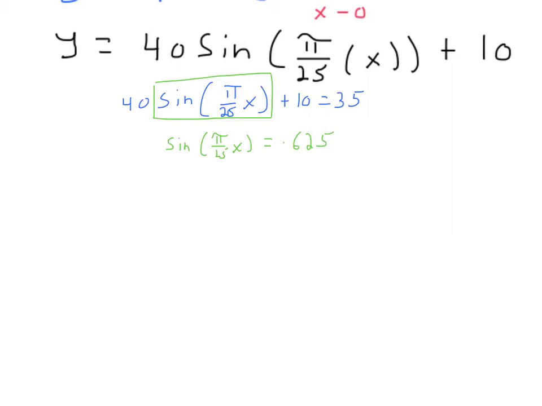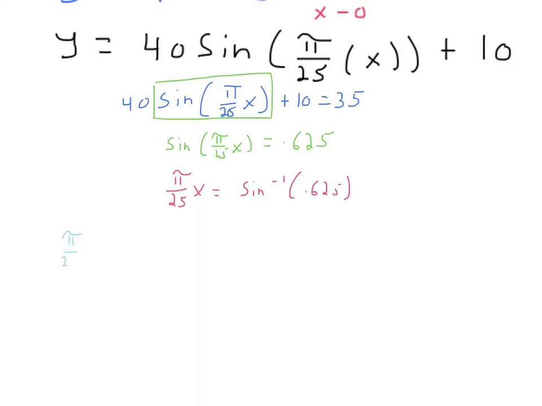So now it's time to find out what that angle is equal to. So 2 pi over 25 x is equal to the inverse sine of 0.625. At this point, I think that it would be easiest if we broke it up into 2 equations, because we know that we can find one of the angles that has a sine of 0.625 just by looking at our calculator.